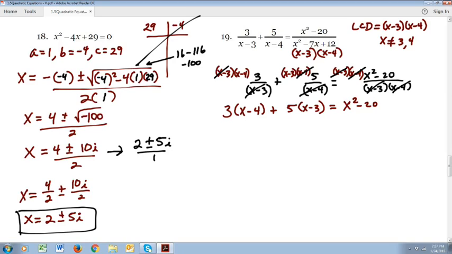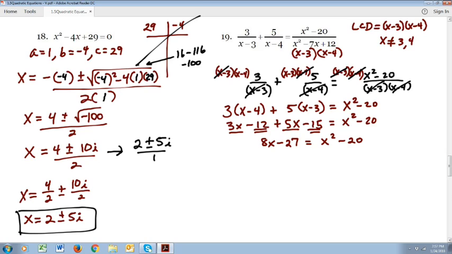Let's go ahead and distribute on the left and simplify, and then we'll get everything on the right side. So we're going to get 3x minus 12 plus 5x minus 15 is equal to x squared minus 20 when we distribute. Let's combine our like terms. We'll get 8x there. We've got a minus 12 and a minus 15, which is a minus 27.